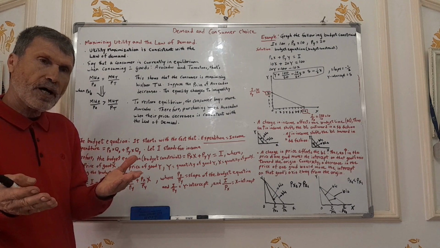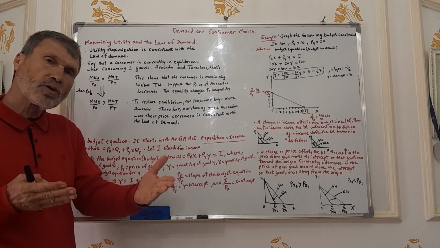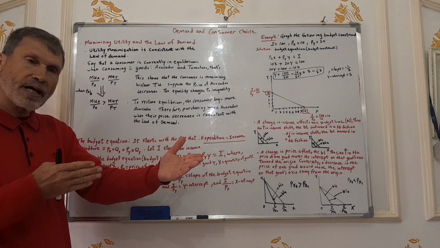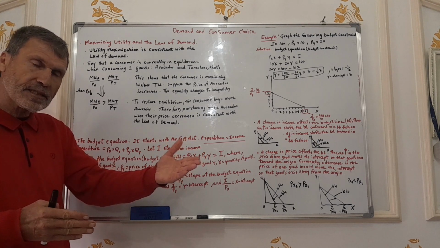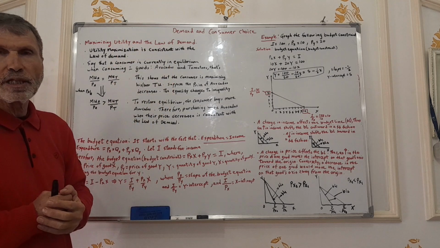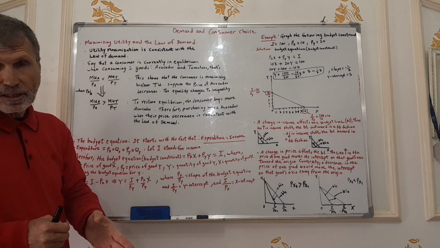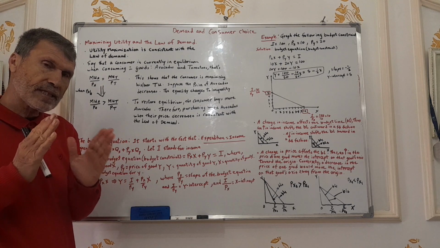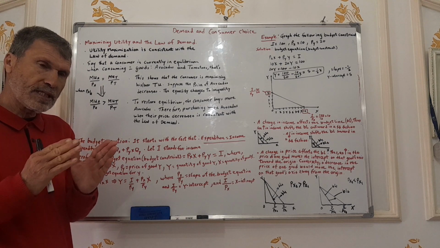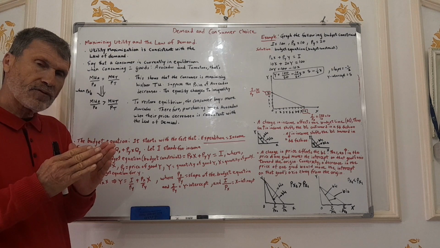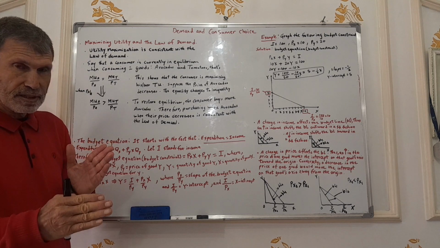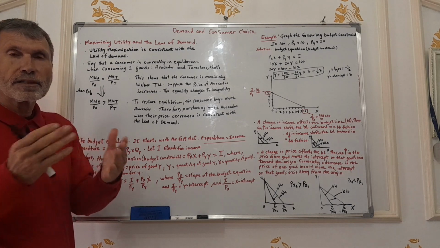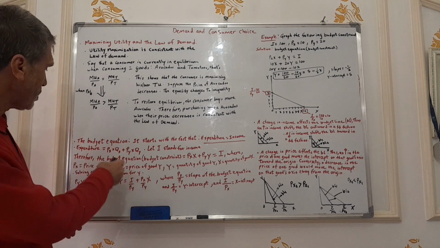If we're talking about the XY plane, that means two goods, good X and good Y. Good X we're going to label along the X-axis, and good Y is going to be labeled along the Y-axis. So the expenditure on good X and good Y is equal to the price of good X times the quantity of good X plus the price of good Y times the quantity of good Y, as you can see over here.